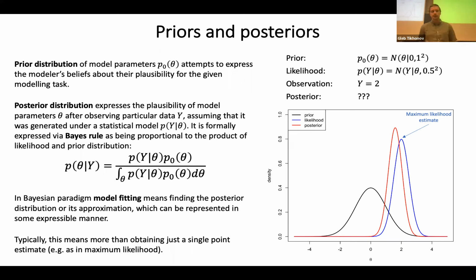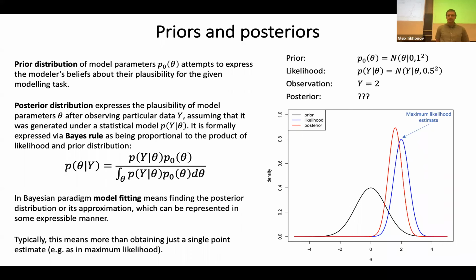So then we come back to maybe the central object of Bayesian statistics, the posterior distribution, and it expresses the plausibility of model parameters. So conceptually it is the same as the prior distribution, but given that we have observed the particular data and assuming that it was generated under a particular statistical model.